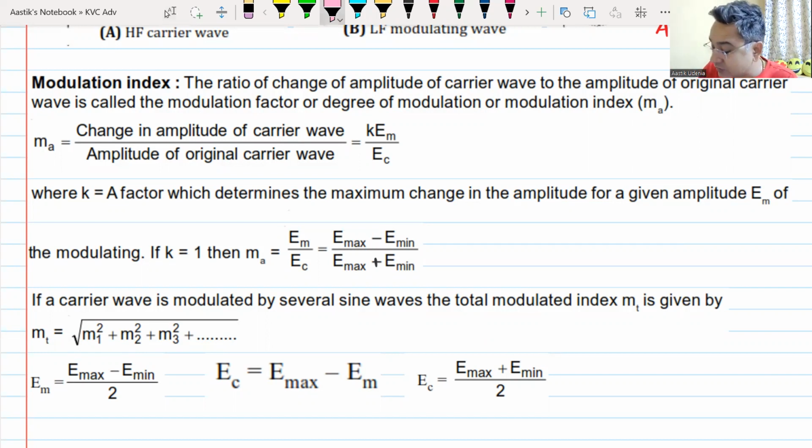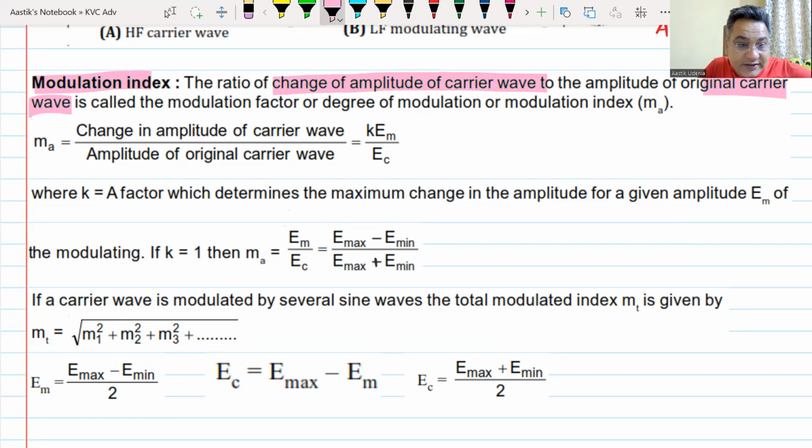The first term that is going to come is known as modulation index. That is nothing but the change in the amplitude of the modulated signal to the original carrier wave is known as your modulation index.